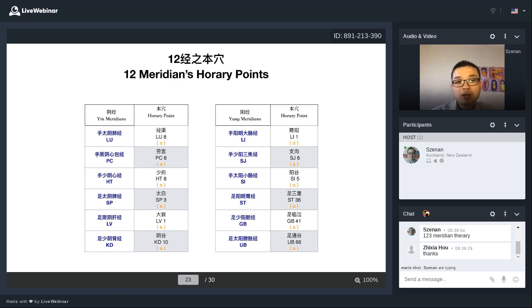So lung 8, PC 8, heart 8, spleen 3, liver 1, kidney 10, large intestine 1, Sanjiao 6, small intestine 5, stomach 36, gallbladder 41, UB 66. All right, and how do you needle it?